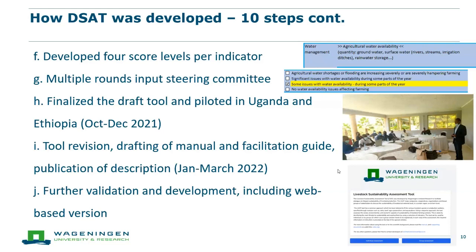We also did a number of rounds with steering committees, discussing the tool, the aspects and the indicators, and even the drafts that we came up with. We did a pilot in Uganda and Ethiopia in 2021, which helped us to shape the tool further. And we have revised the tool and tested it in other countries.